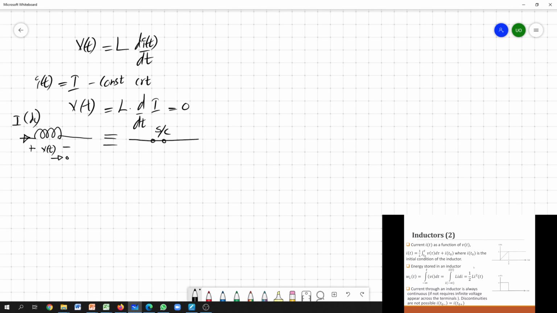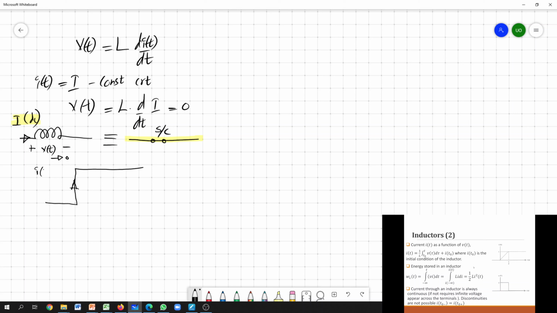If we are dealing with DC quantities, inductors can simply be replaced with a short circuit element. This is one important thing. So what happens if we apply this kind of current variation?